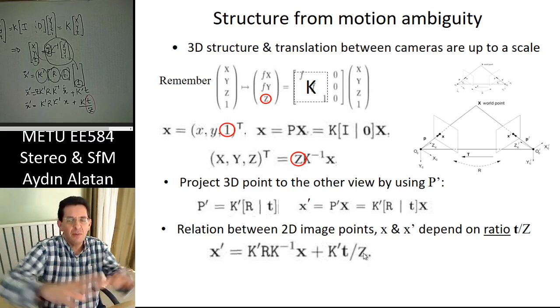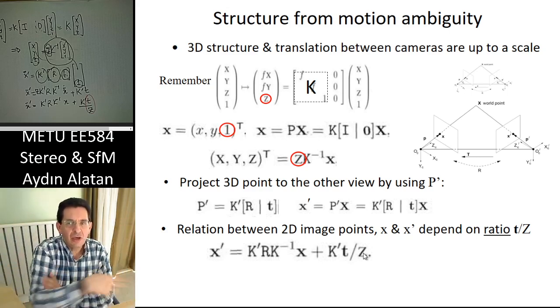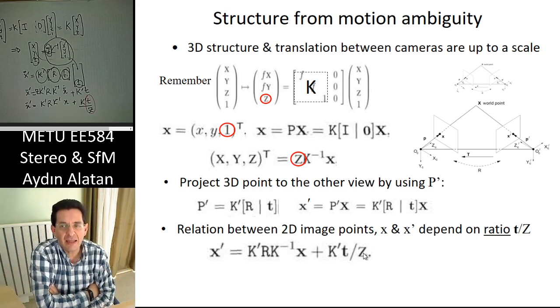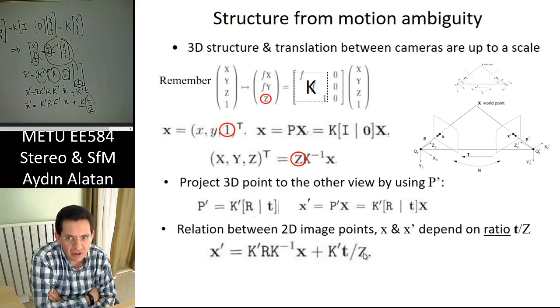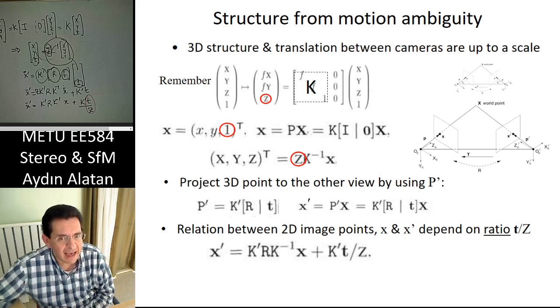The structure will be 10 times larger or 10 times smaller. You can play with the T and you get exactly the same point correspondences on the images. That's a very important result.